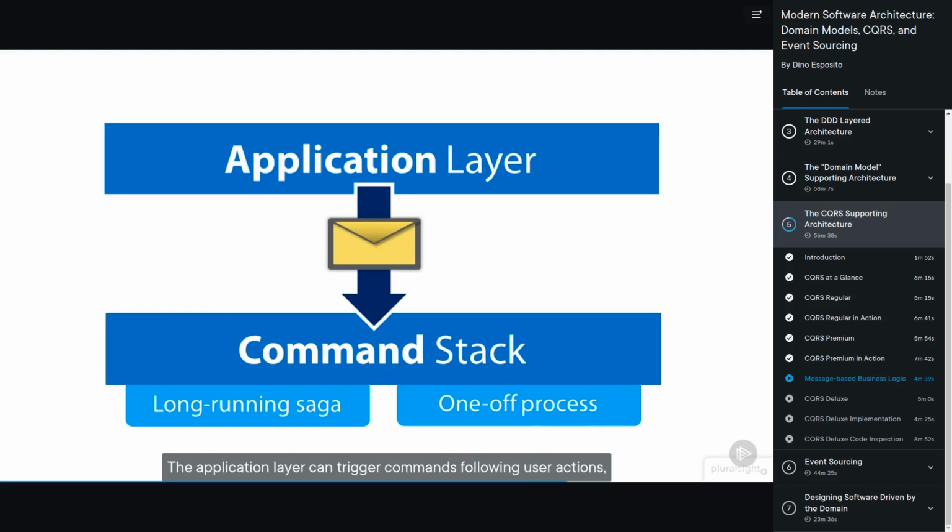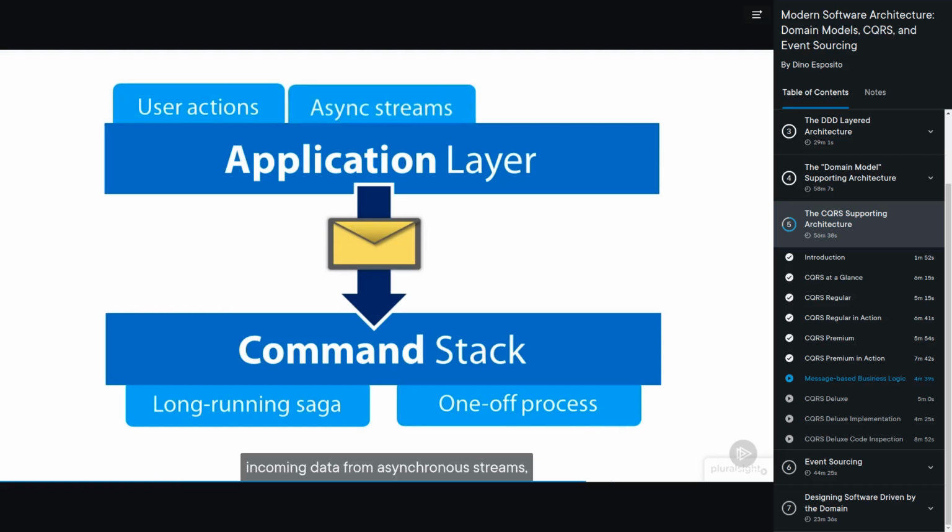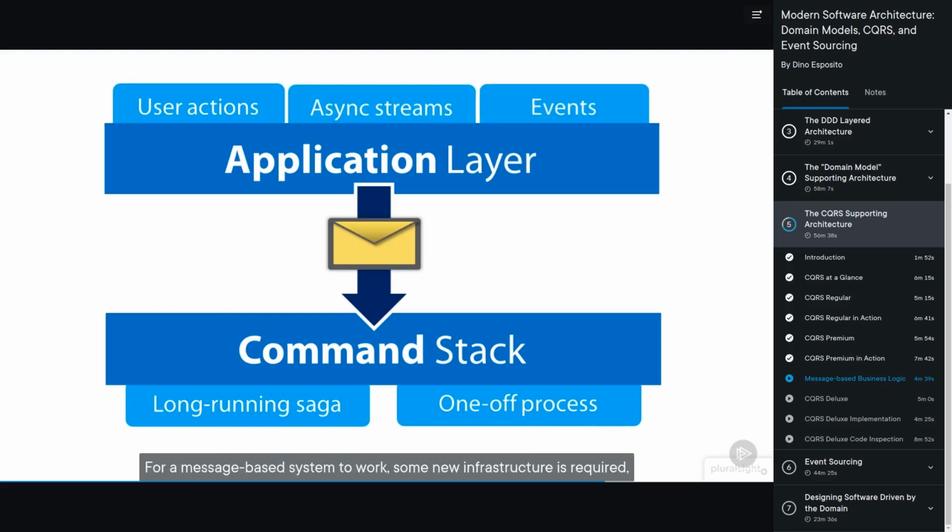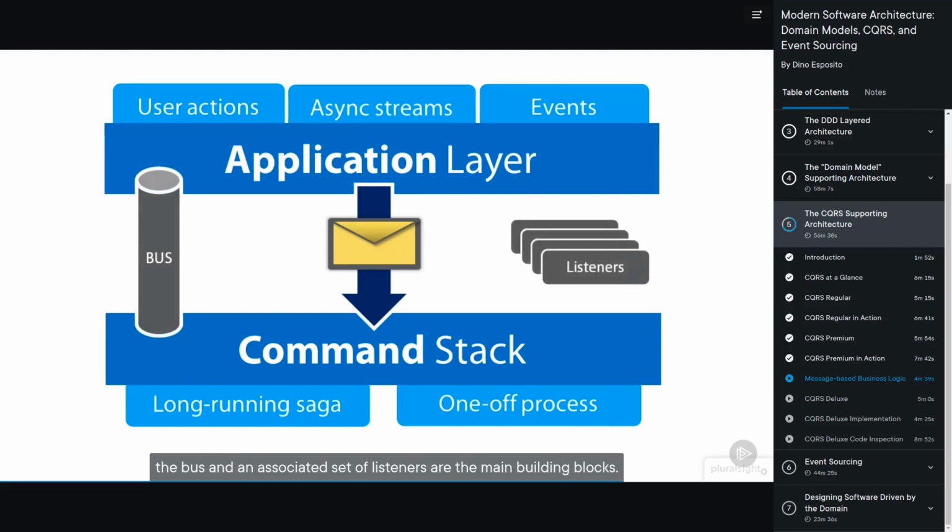The application layer can trigger commands following user actions, incoming data from asynchronous streams, or other events generated by previous commands. For a message-based system to work, some new infrastructure is required. The bus and an associated set of listeners are the main building blocks.